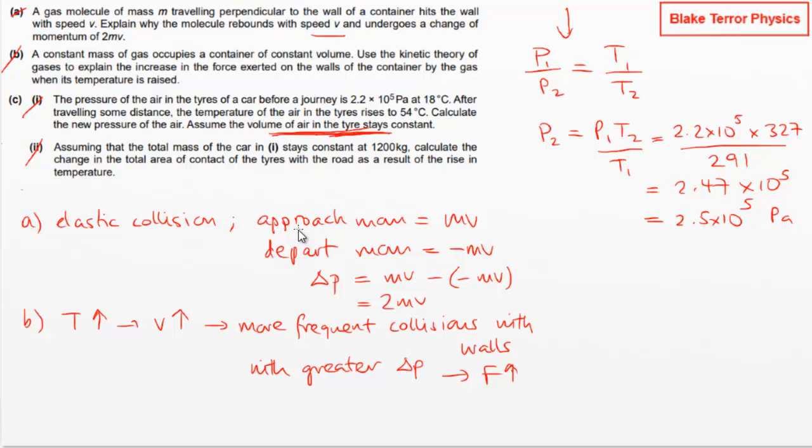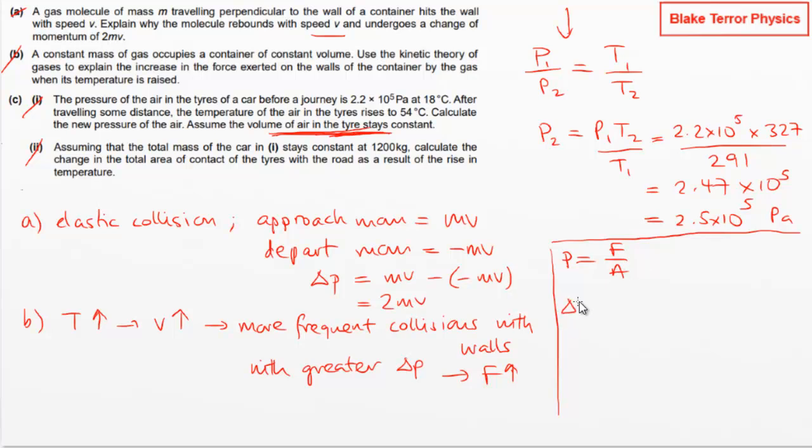Right, the last part: assuming that the total mass of the car stays constant, calculate the change in the total area of contact of the tyres on the road. Pressure is force over area, so we can work out the change in the area. The force isn't changing, that's staying at 1200 g.